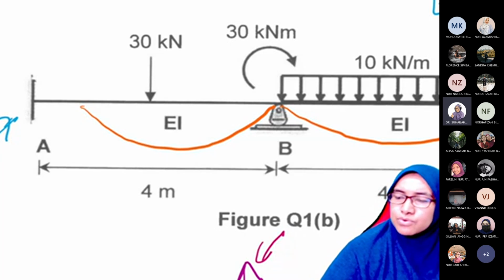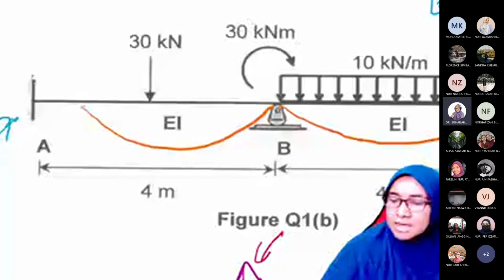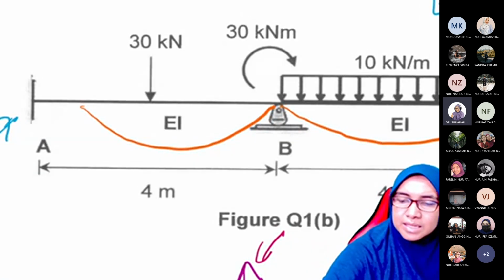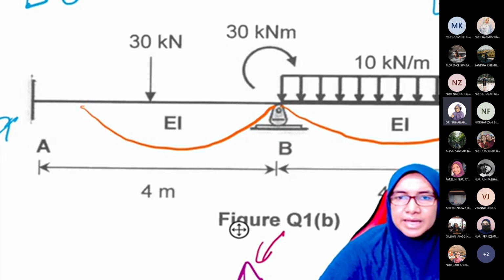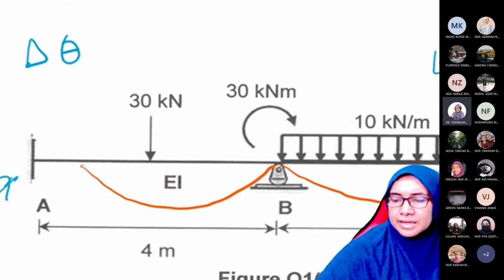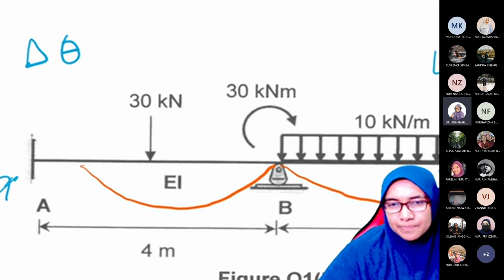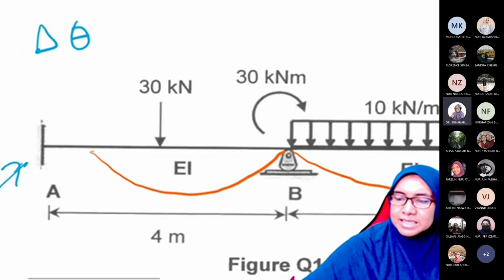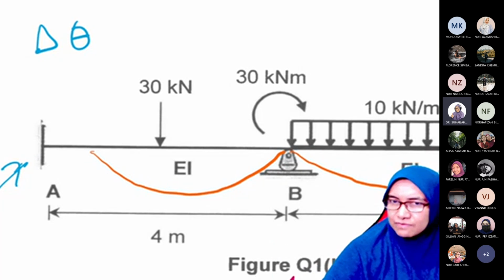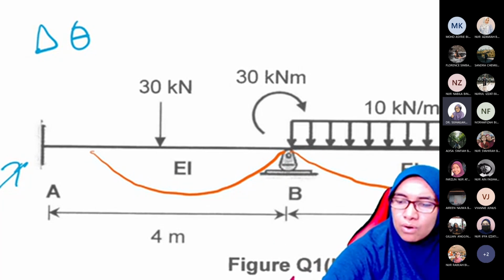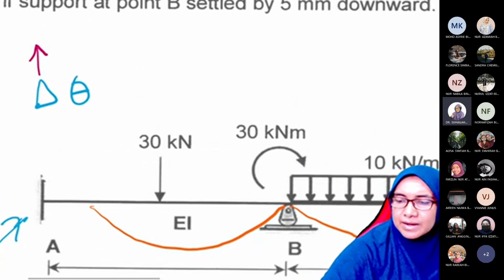So cara paling mudah untuk kita identify dekat support condition, kita kena tengok in terms of delta, in terms of theta. Delta dengan theta ni is actually represent degree of freedom. Delta kat sini refers to vertical deflection lah, so this is for Y direction and theta tu is for Z direction.